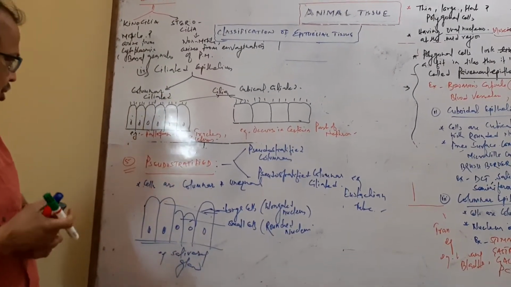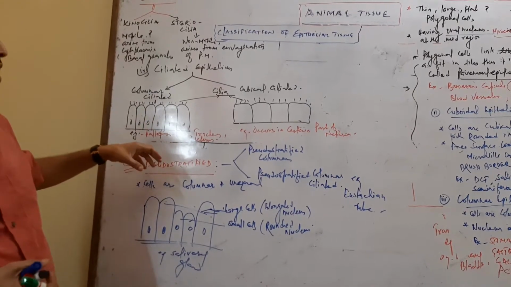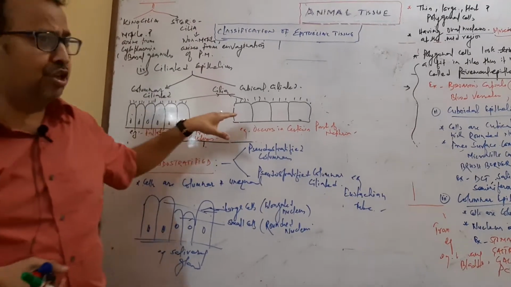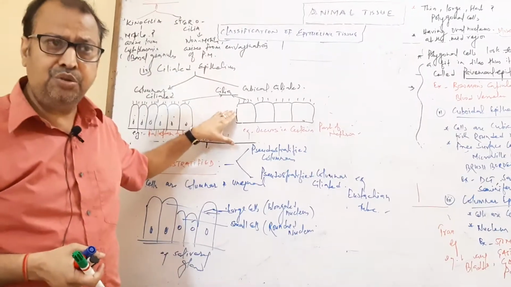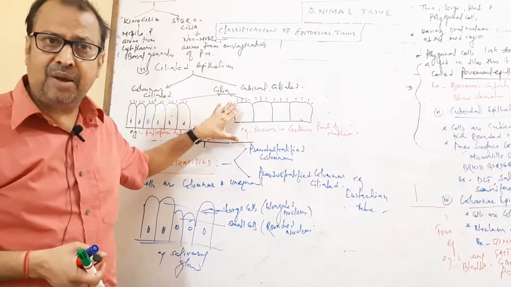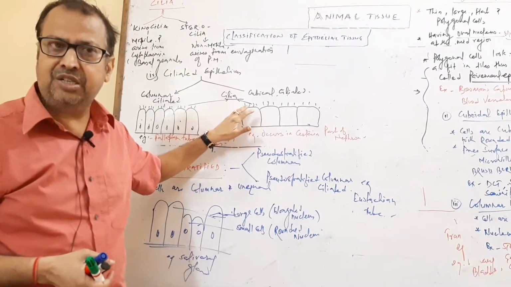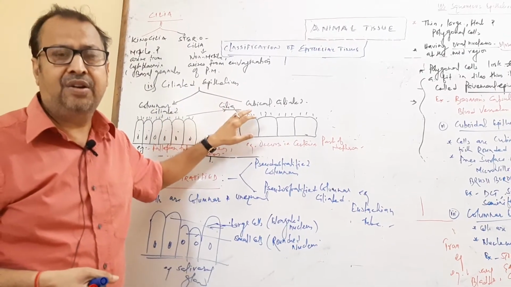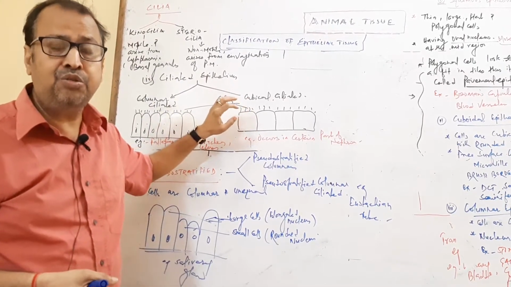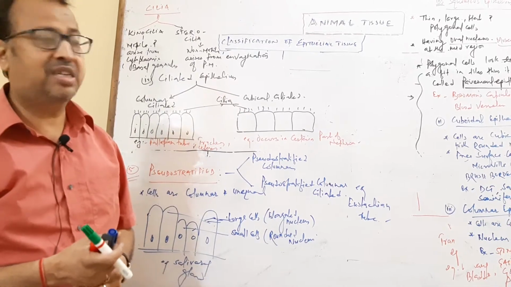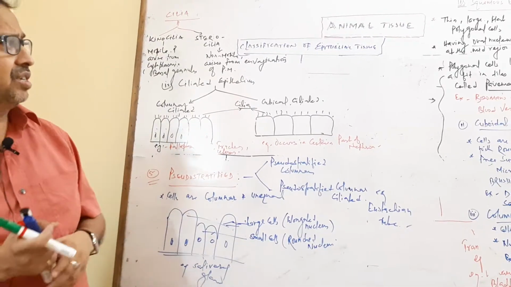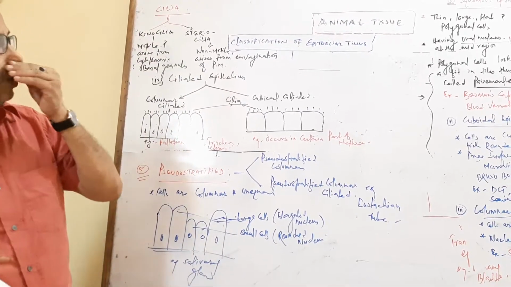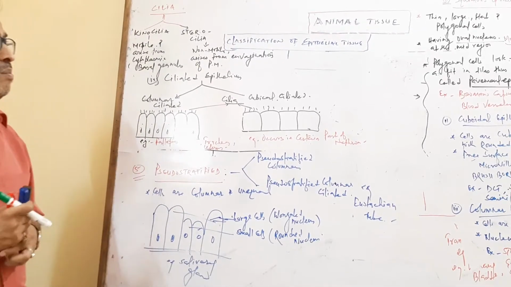Single layer epithelial tissue has various types: squamous epithelial tissue, cuboidal epithelial tissue, columnar epithelial tissue, ciliated epithelial tissue, and last pseudostratified. One by one we discuss the types of simple epithelial tissue.